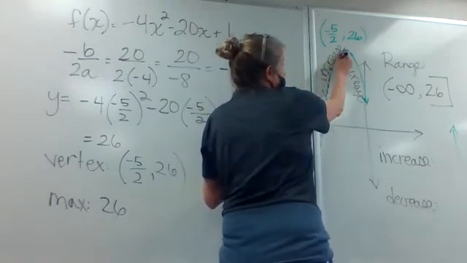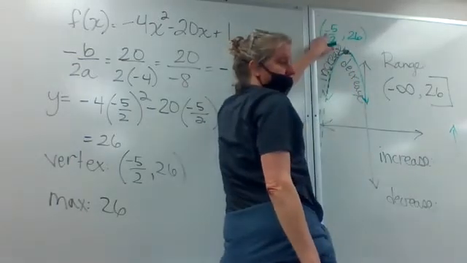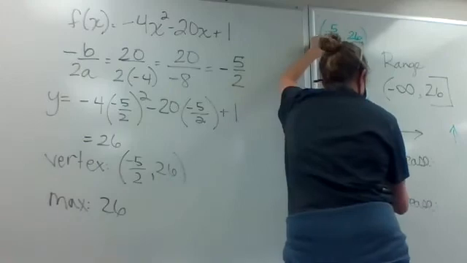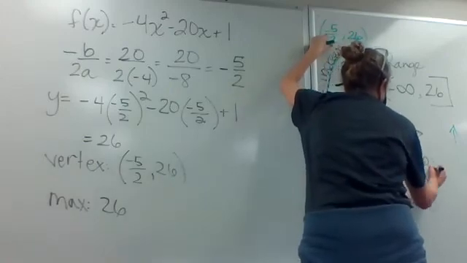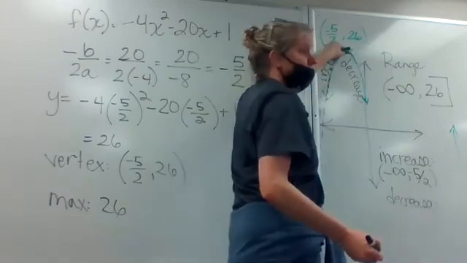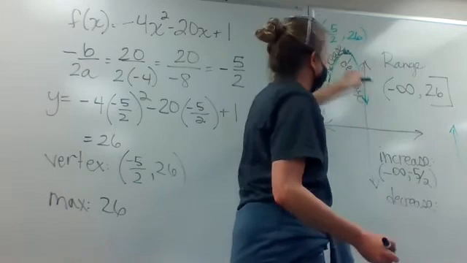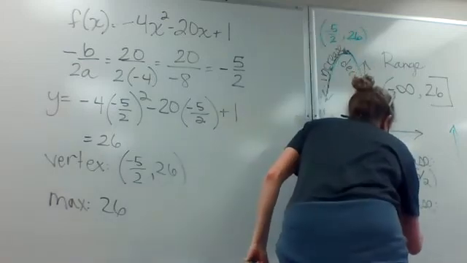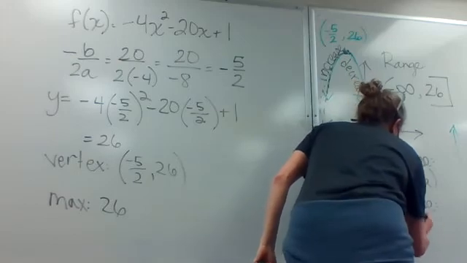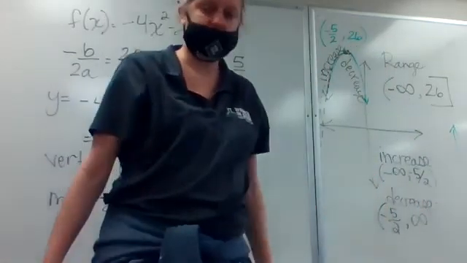So they start at negative infinity until they get here to negative 5/2. So negative infinity to negative 5/2, and then that's where they start to go down. So they're starting at negative 5/2, and they go down all the way to the right, which is positive infinity.